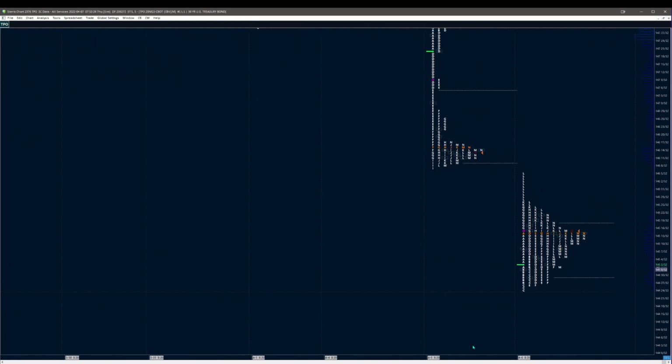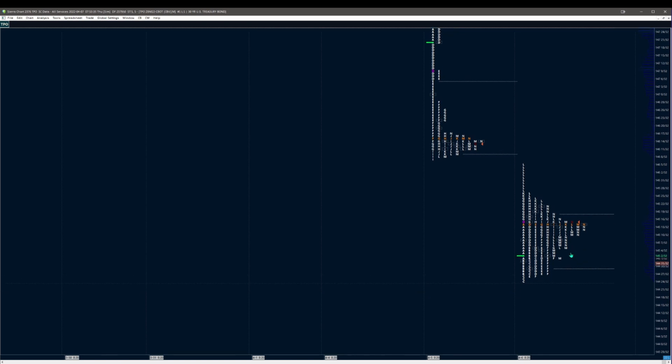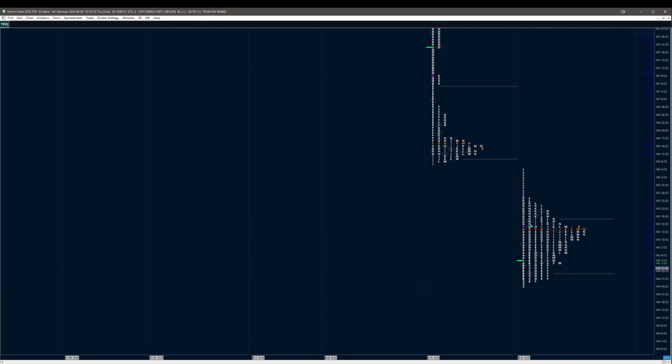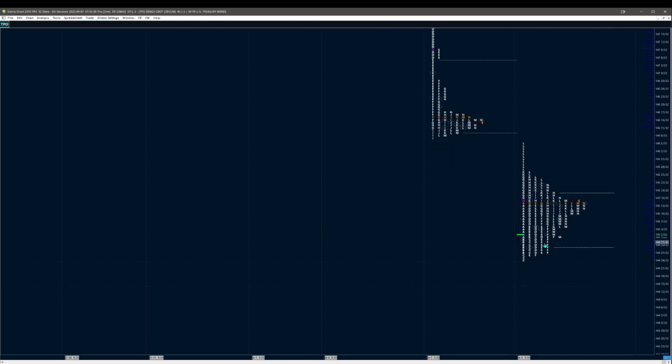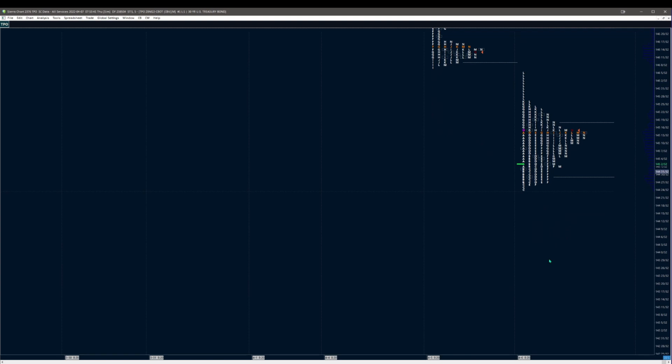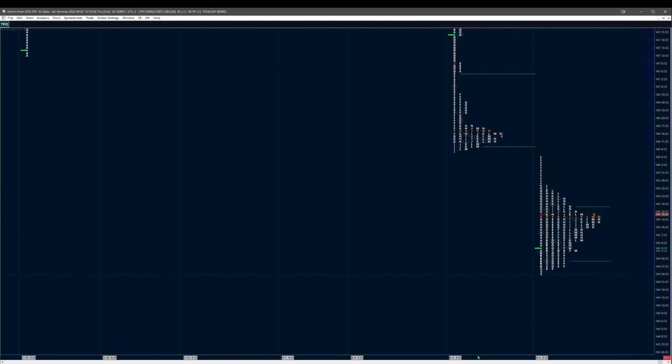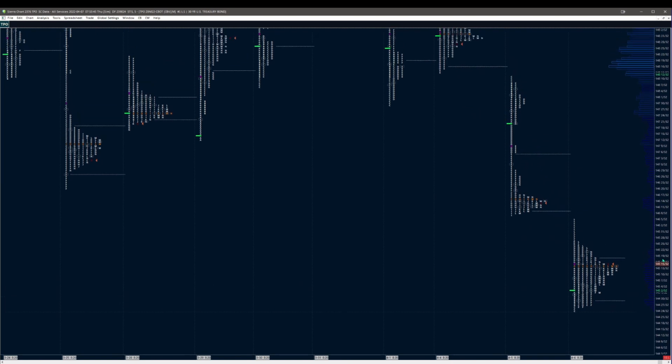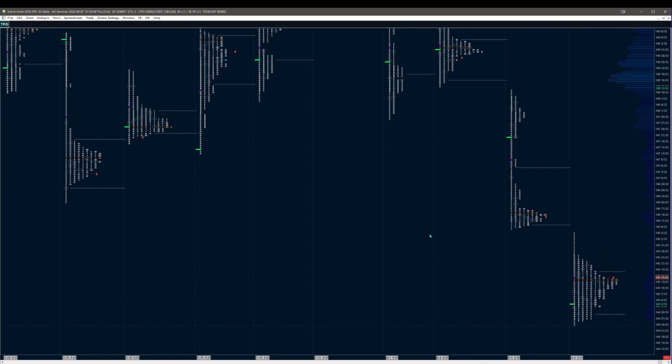What are the chances that we just continue to chop down here and build value outs, providing, in my opinion, optimal conditions for scalping? Or do we look to maybe even spike lower till we reach prices that sellers no longer try to sell lower?